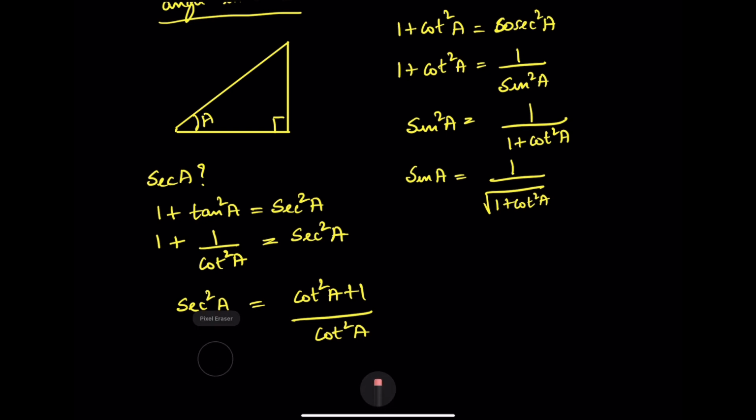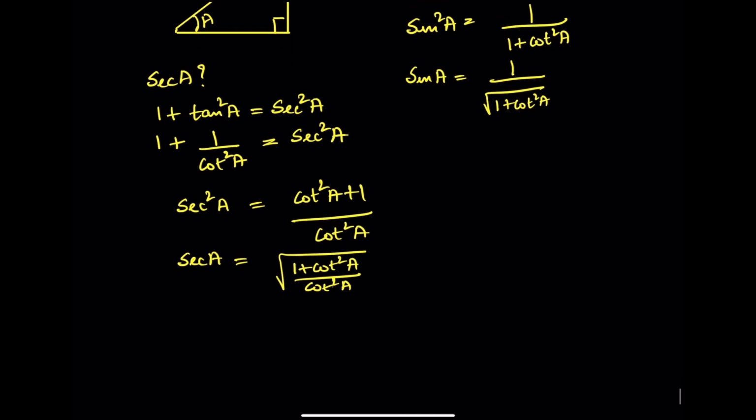So this will be secant A is equal to square root of 1 plus cot square A divided by cot square A. So we can actually solve the square root of cot square in the denominator. So we will have square root of 1 plus cot square A divided by cot A. So that is the value of secant A.